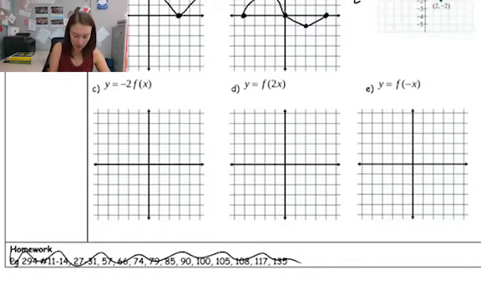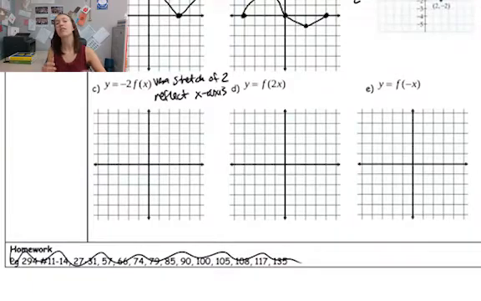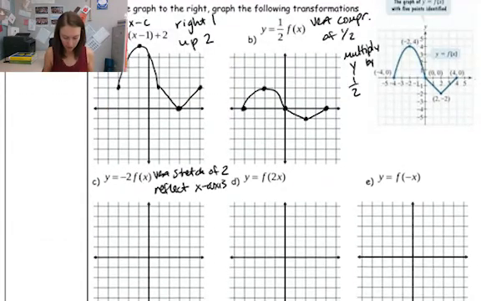Similarly here, I have a couple things: a vertical stretch of 2, and a reflection across the x-axis, but you can also say a vertical reflection, or a reflection in the vertical direction.